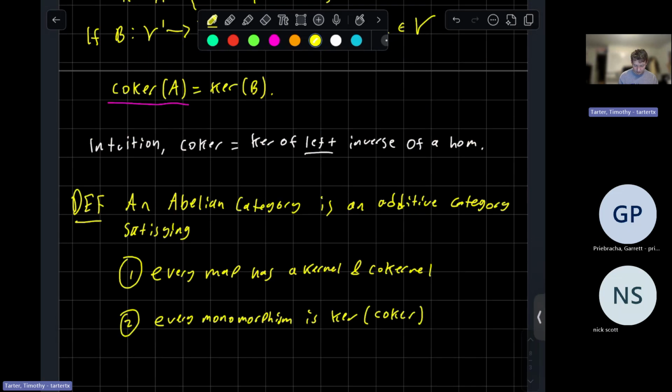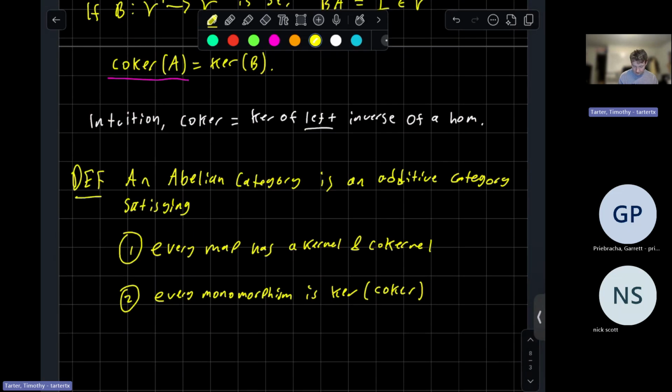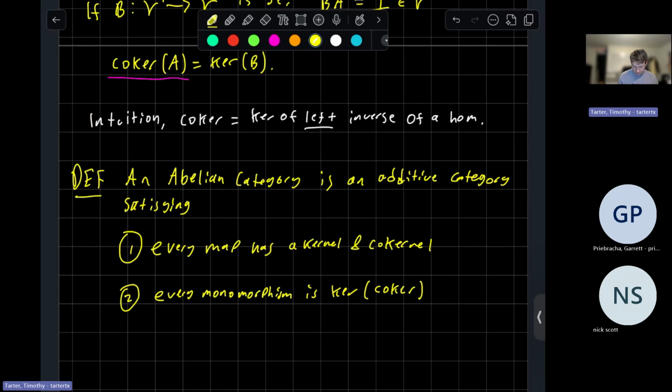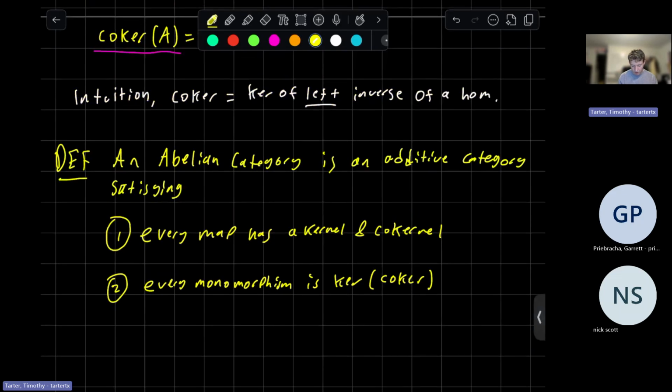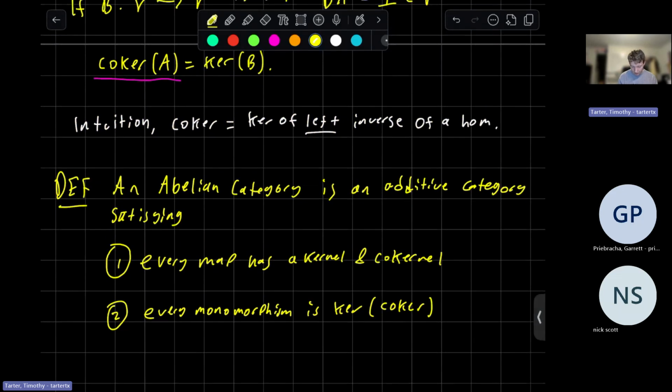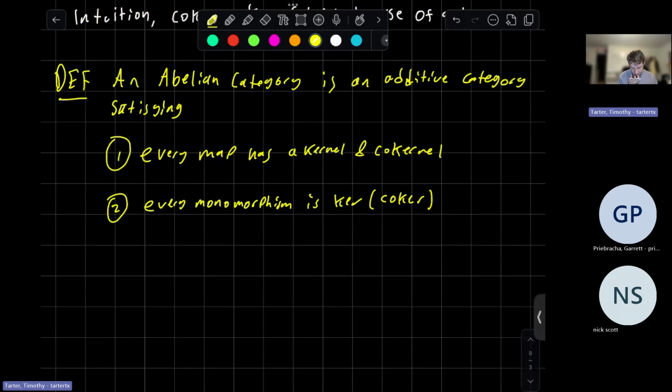Again, think about this as the kernel of the co-kernel of the kernel. Or rather, it's the kernel of the left inverse of a morphism.